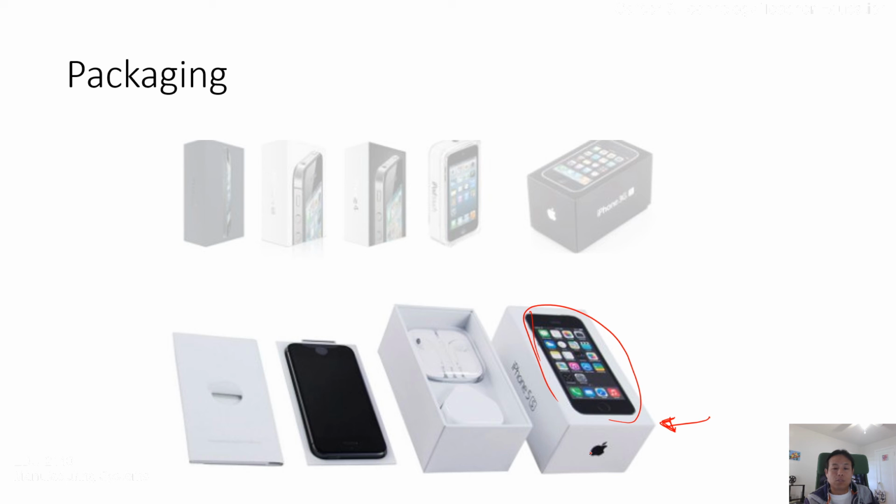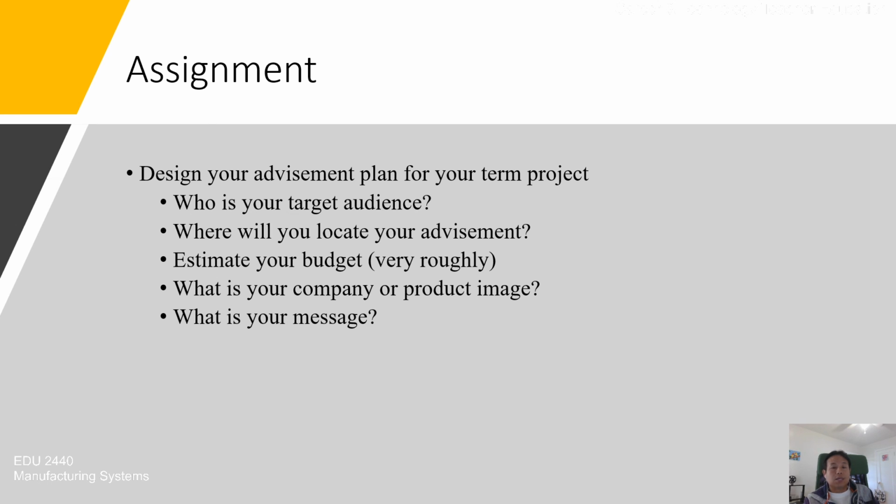And then they also design like this, how to pack your products by layering. Like the top layer, putting your end product, and then the second layer, putting your adapter or headphones, and the bottom layer they usually put the power outlet or others. So this is packaging. So that's it.